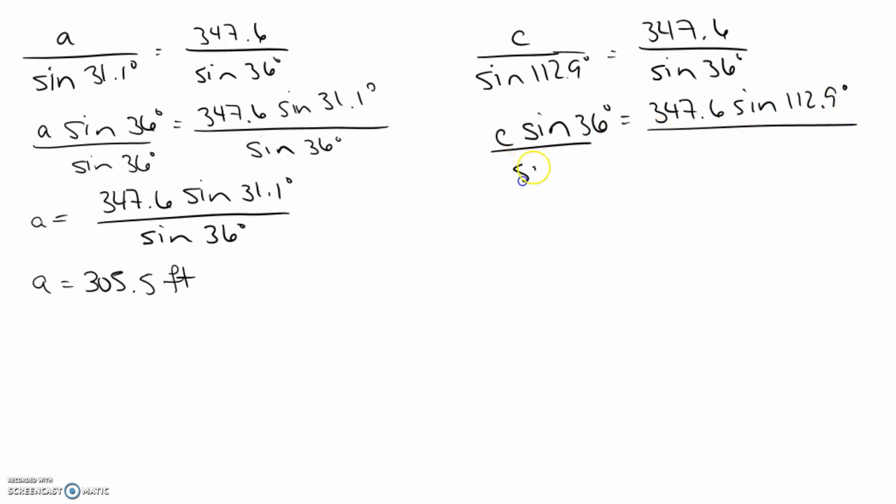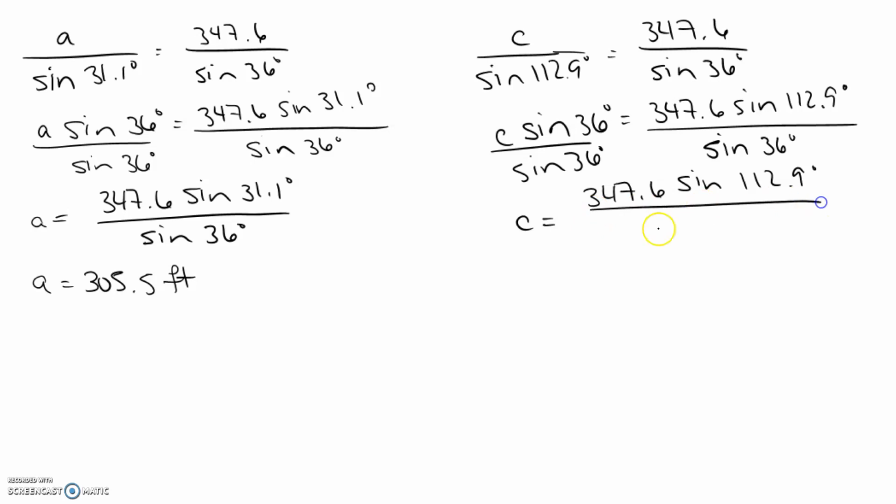Divide that by sine of 36. So C is equal to 347.6 times sine of 112.9 divided by sine of 36. When you plug this into your calculator, you should get 544.8 feet.